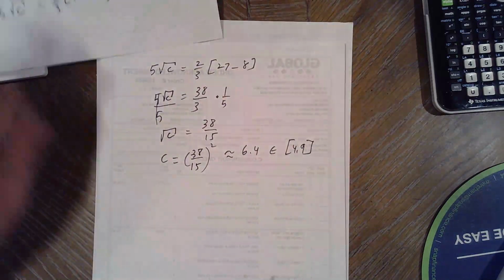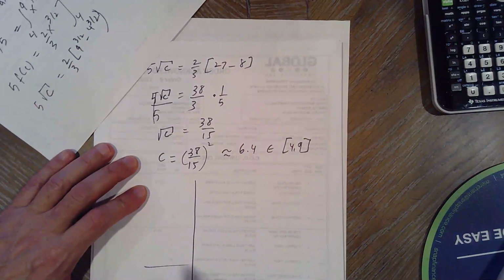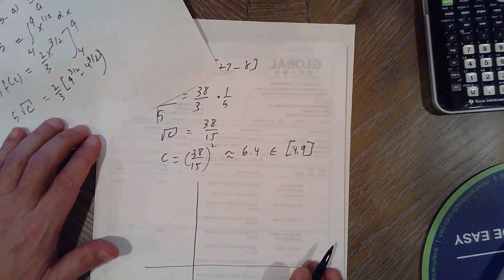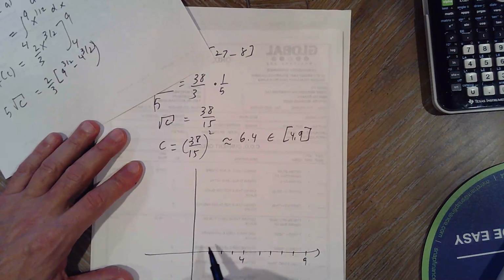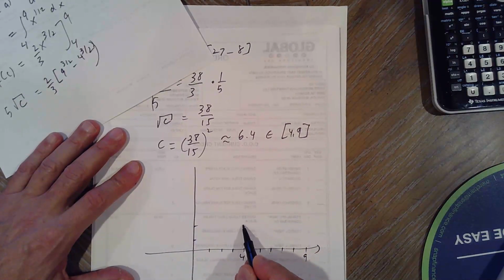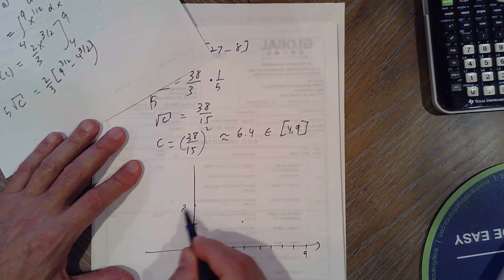So basically, just to explain what we just said, if you're trying to find the area under the curve square root of x over 4 and 9, square root of 4 is 2, square root of 9 is 3.